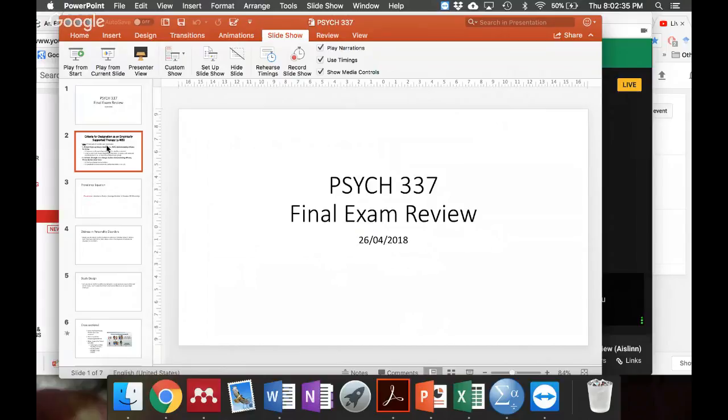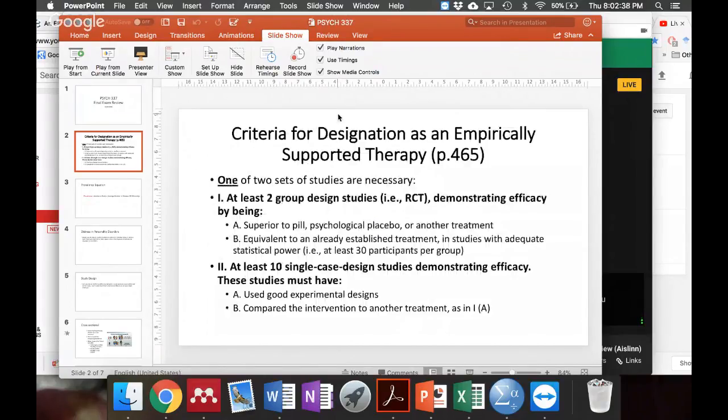So I put up a slide. This is from your textbook on page 465. Basically, in this section, it says that one of two sets of studies are necessary. It's either a study like an RCT that's showing that your therapy is better than a pill, better than a placebo, or another empirically supported therapy, or it's as good as another therapy that already exists.